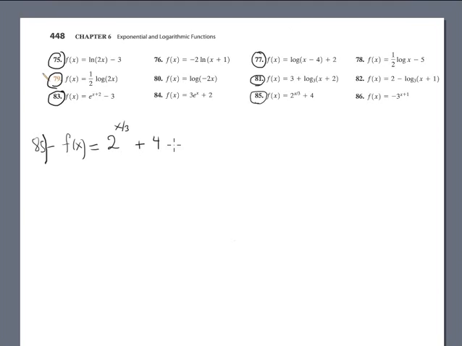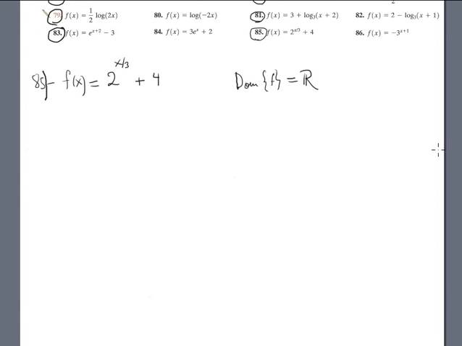Okay, domain. The domain of the function f is all real numbers because it's the exponential function. This is obvious. Let me try to do the graph. This is the typical exponential.